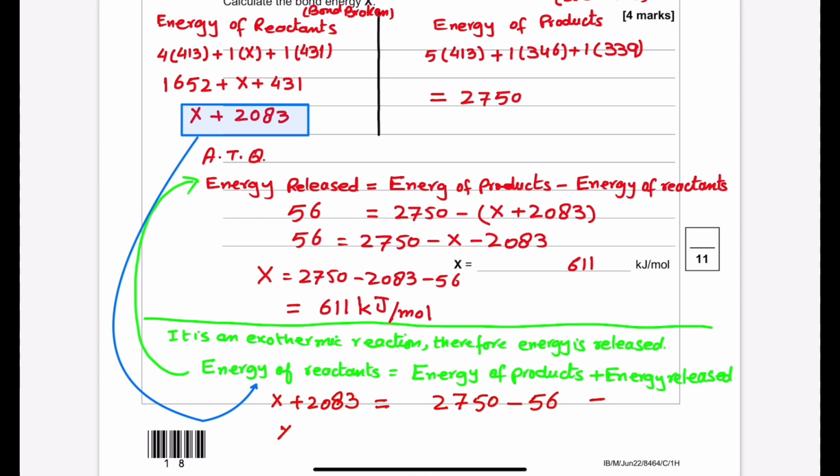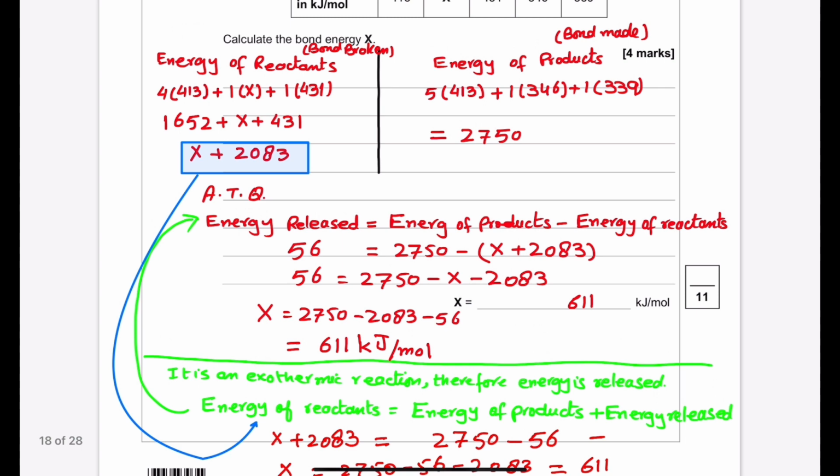Then X is equal to 2750 minus 56 minus 2083, and the answer is 611, the bond energy present between the carbon-carbon atom. Or you can use the other way around here.